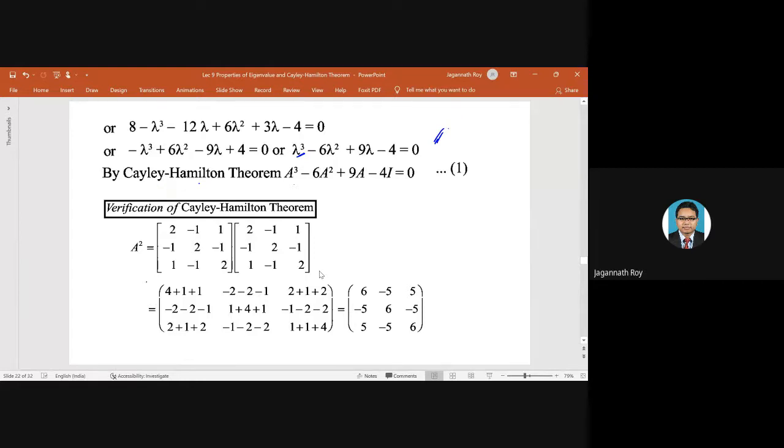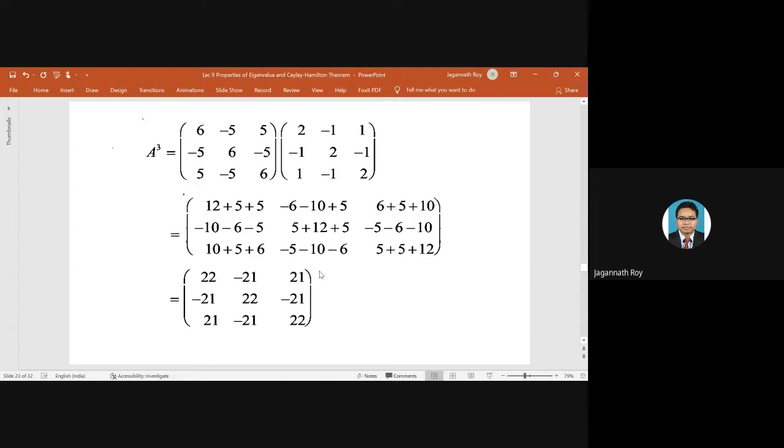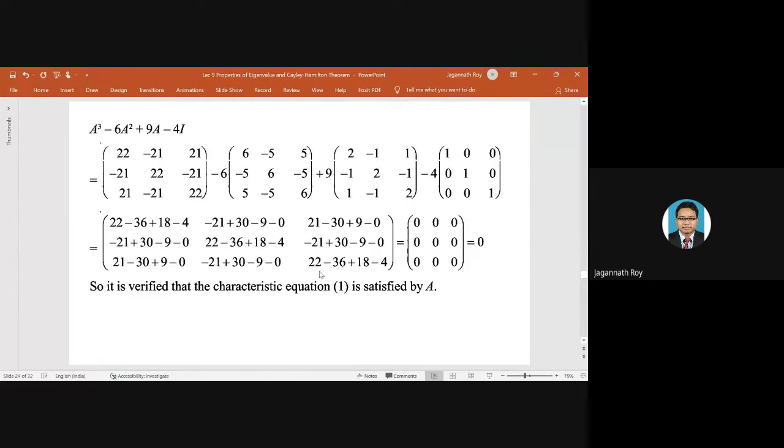So let us verify. You can compute, I will tell, to verify. There may be some misprinting, so you have to verify these things. So verify these results, A square. After finding A square, you can find A cube. Again, I will write to verify. Once you verify, the idea will be more clear to you.